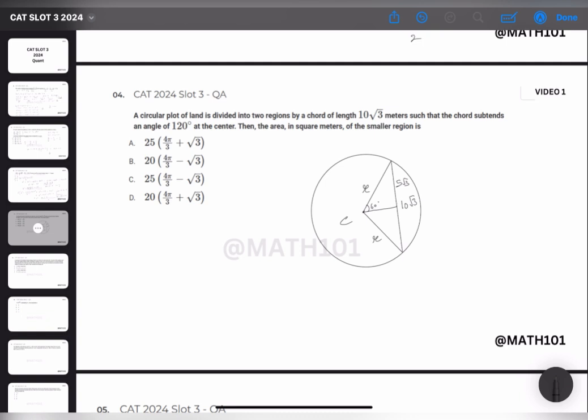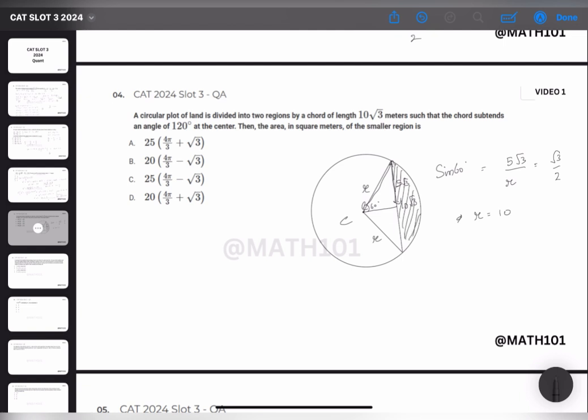So now sine 60 degrees according to this triangle would be 5 root 3 divided by r, just the perpendicular upon hypotenuse, which equals root 3 by 2, which implies r equals 10. And we want the area of the smaller region, so this is the area that we need.